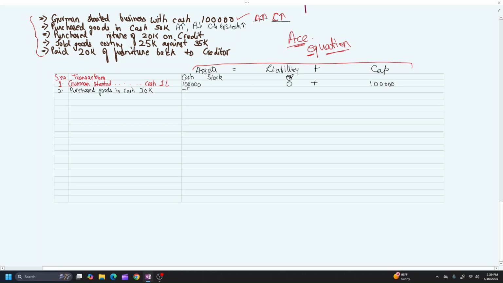So minus 50,000 from your cash and plus 50,000 to your stock. So it will be like 50,000 of cash plus 50,000 stock is equals to 0 plus 1 lakh. You will see that your asset will always be equal to liability plus capital in any step.